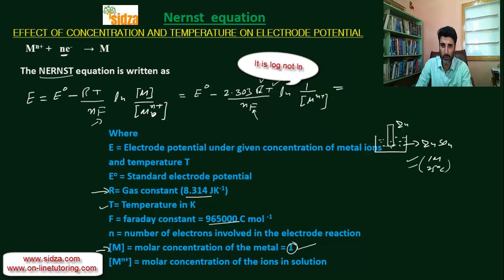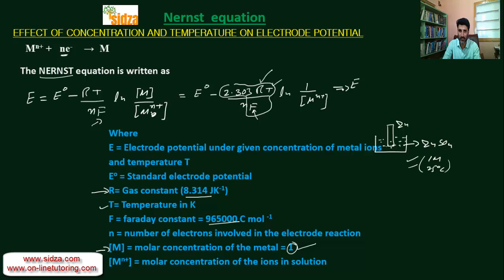Now 2.303 RT by F, when you simplify this part, you can write that the electrode potential will be equal to E naught, the standard electrode potential, minus 0.0591 divided by n, log of 1 by the metal ion concentration, M n+.